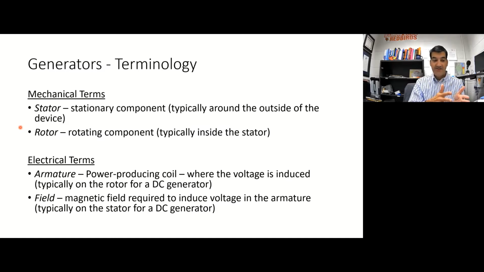And if you're going to have current flowing onto the rotor, now you've got to use slip rings and brushes again. So there's not a perfect solution. There's a lot of different possible solutions.